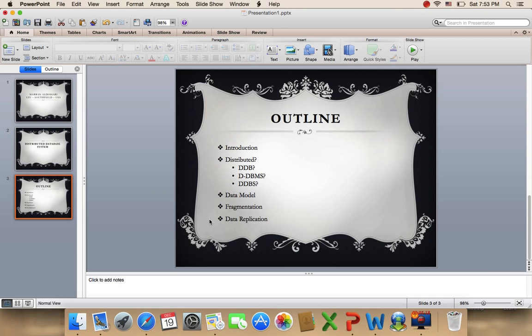And the normalization. You have to do the normalization before you implement your database. Normalization has three levels: first normal form, second normal form, and the third or final level.